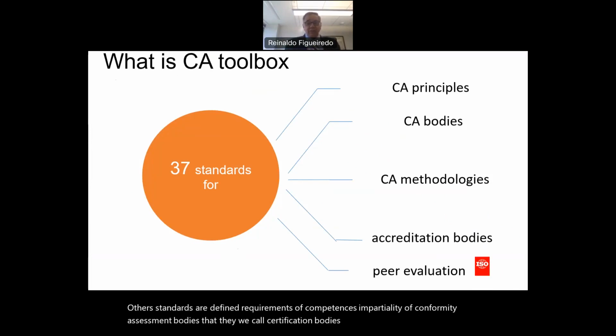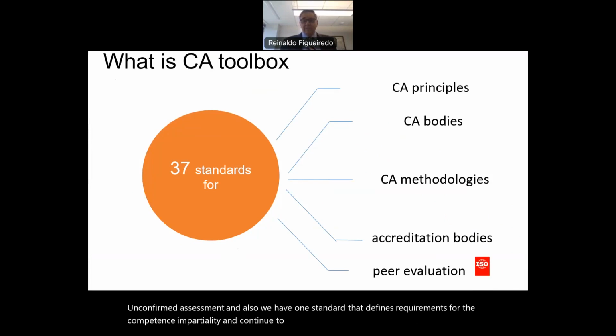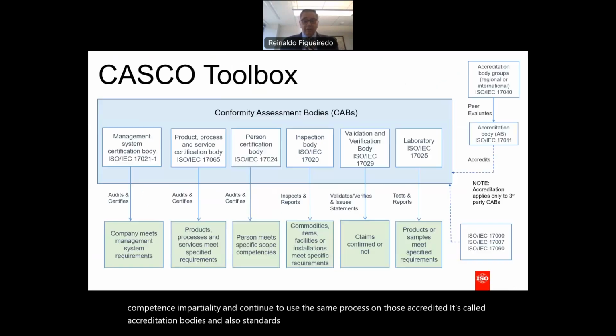Also, some of those standards are related to methodologies on conformity assessment. And we have one standard that defines requirements for the competence and impartiality of accreditation bodies, and also standards for peer evaluation.